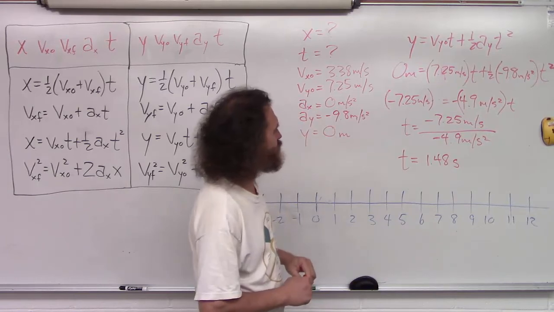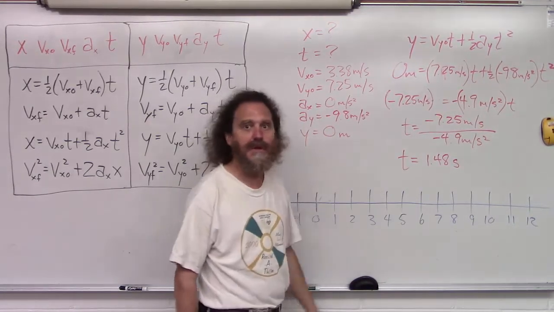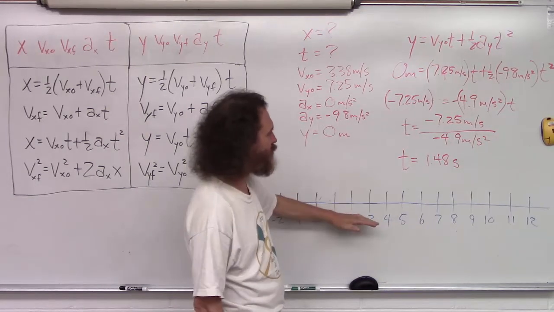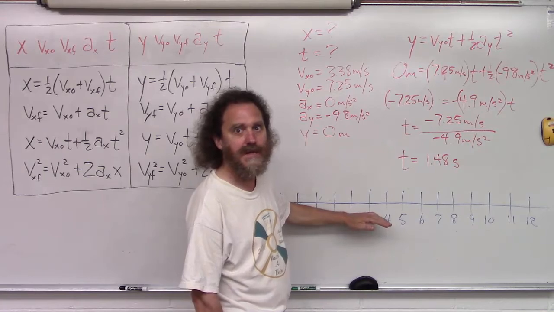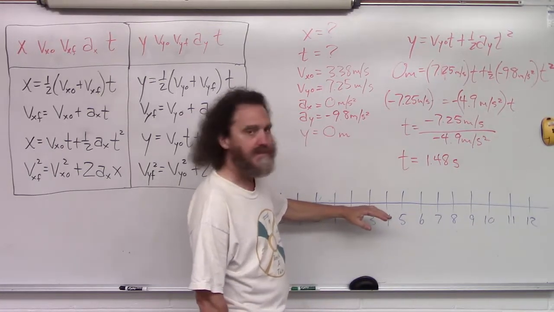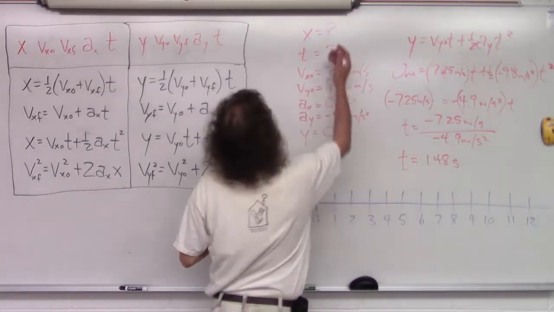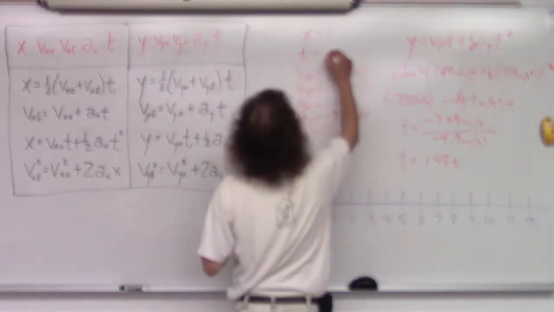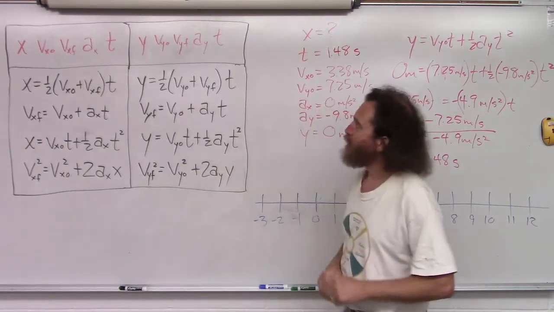Okay, so that is the amount of time that it takes to go from point A to point B. We figured that out because we knew the initial y velocity, and we can calculate how long it takes to get back to y equals 0. So now we know time, so we can solve it in the x direction.